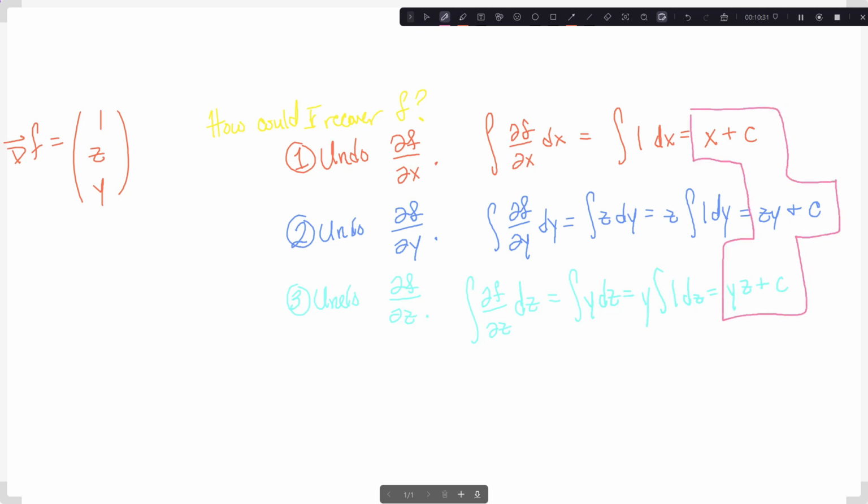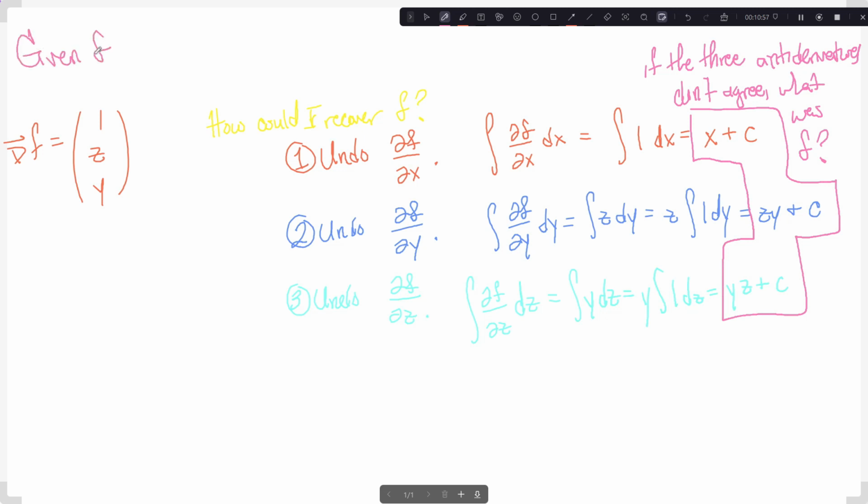And so that brings into question, if the three antiderivatives don't agree, what was f? Well, if we recall from the beginning, I had said way back here, given f equals x plus yz, we can start to see some similarities here.